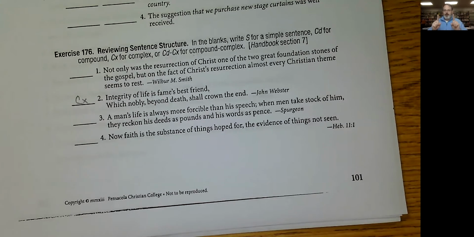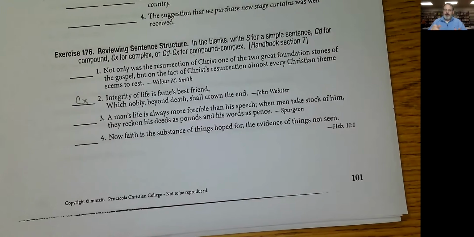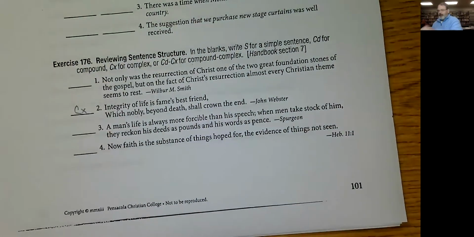If there are 2 independent clauses, both can stand alone, and there are no dependent clauses, we call that compound. And compound complex has at least 2 independent clauses that can stand alone and at least 1 dependent clause that can't stand alone. So you do that on your own, and let's turn to page 102.